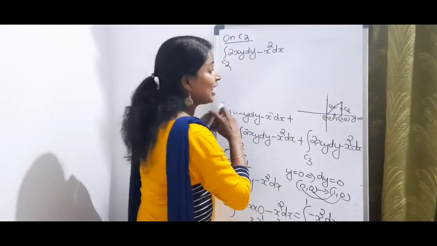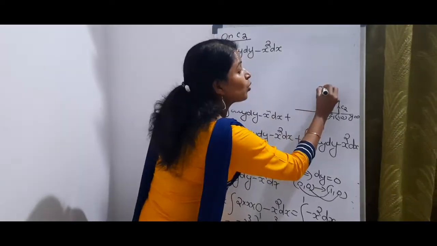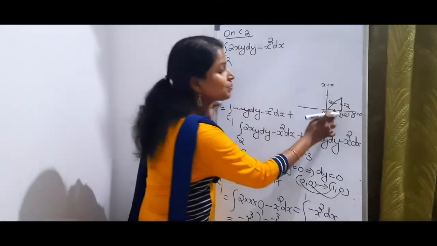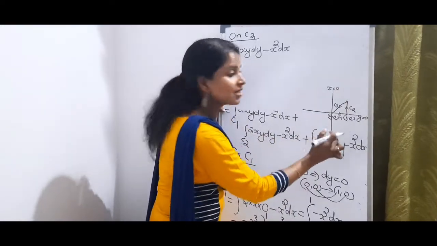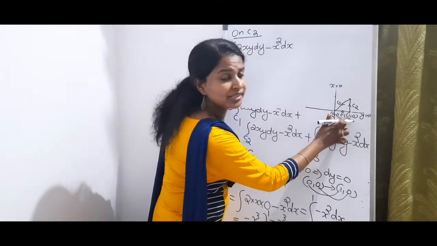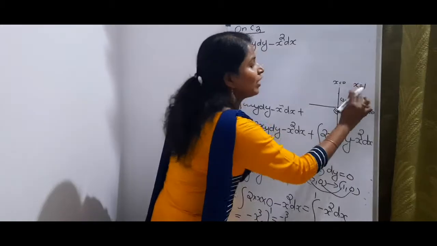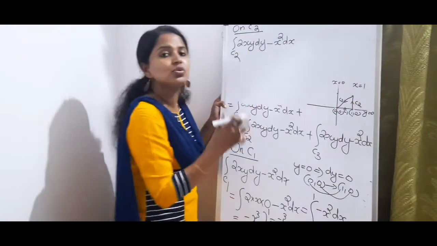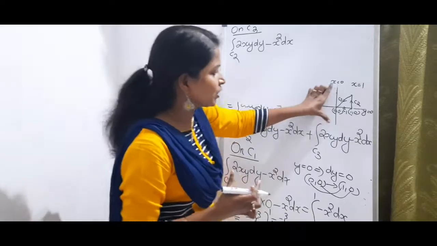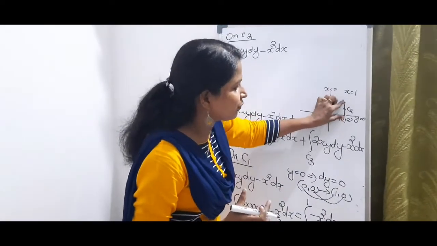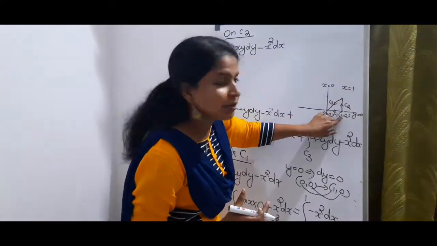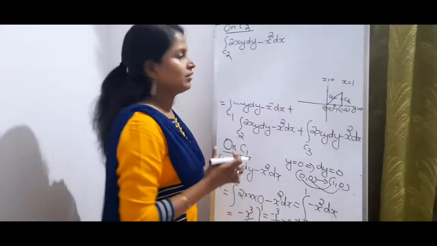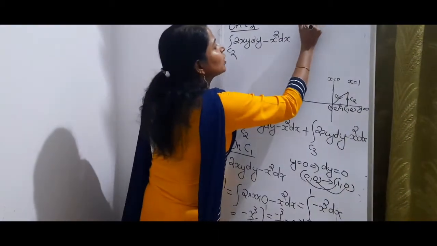Y-axis means x equal to 0. Parallel to the y-axis through the point 1 means x equal to 1. This line segment is x equal to 1. So here x equal to 1.